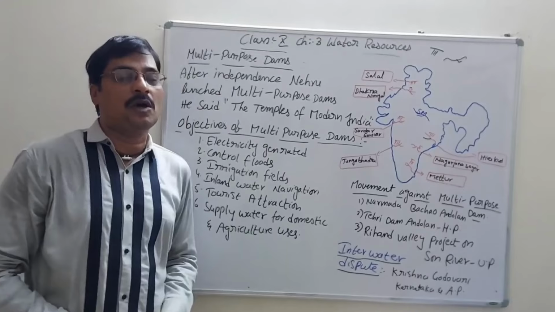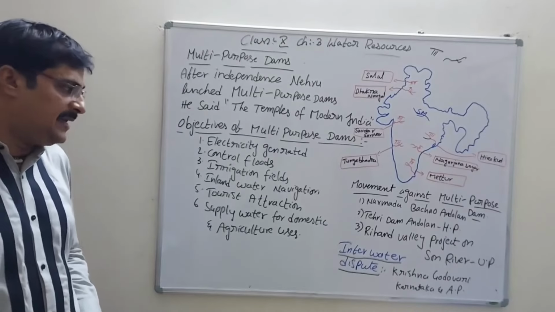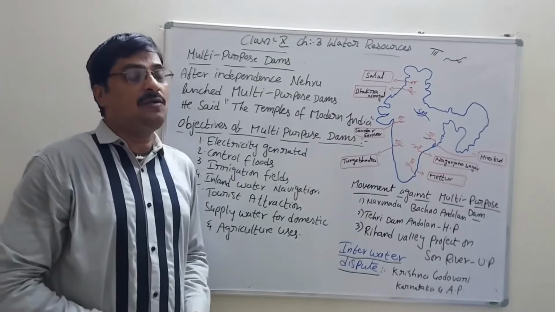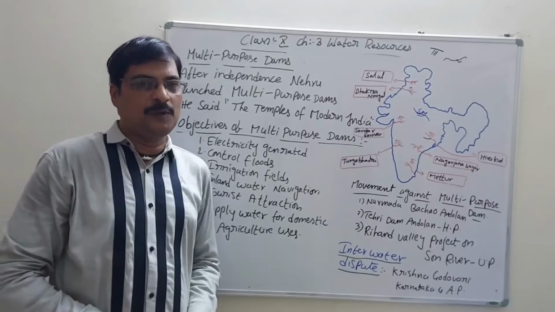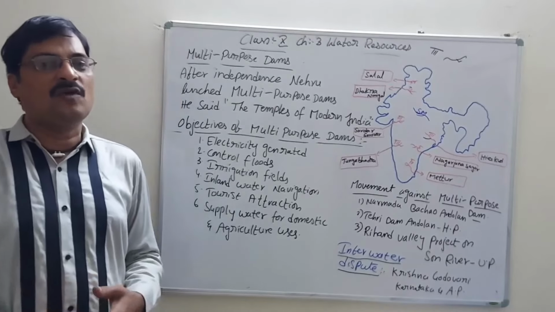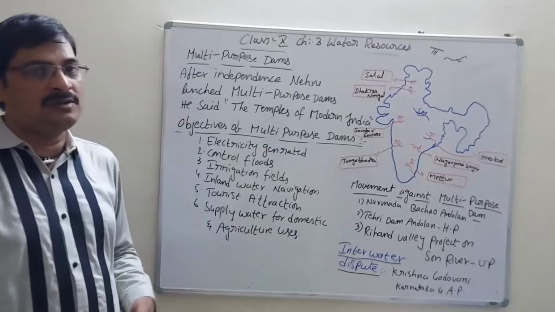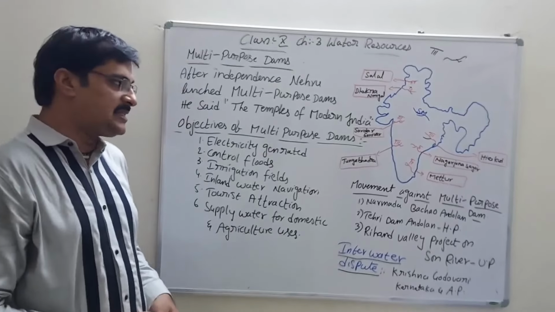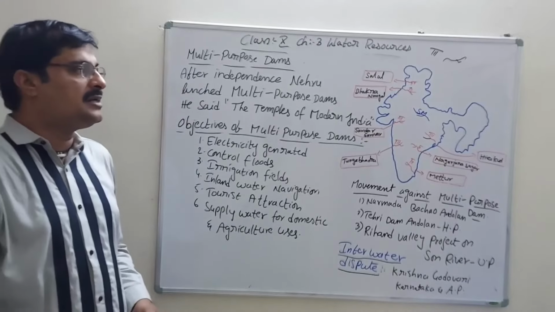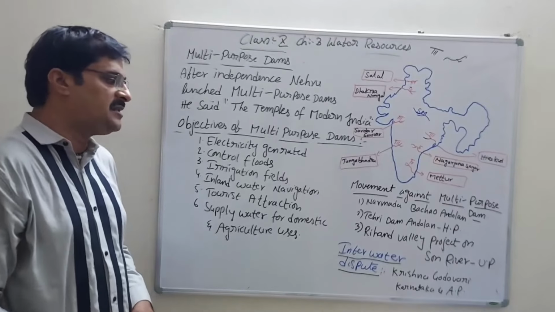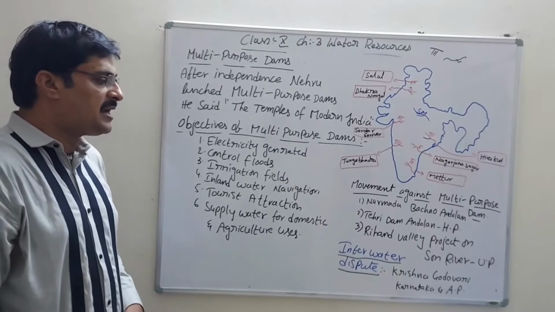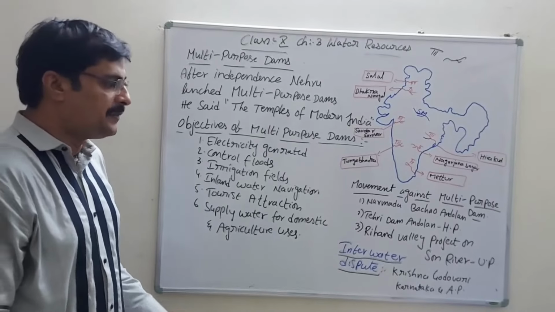One more important concept of this lesson is inter-state water disputes. Disputes means conflicts between one state and another. This important concept is given in our textbook, involving the Krishna, Godavari, Karnataka and Andhra Pradesh.